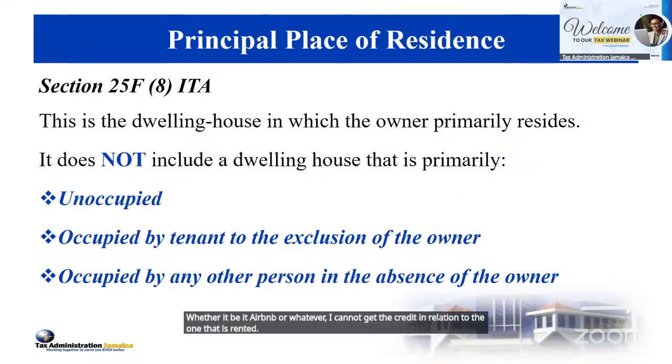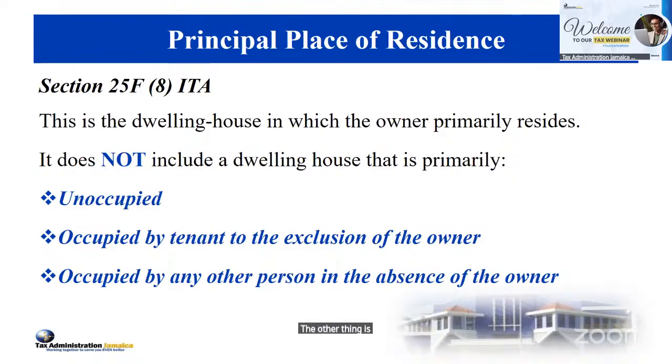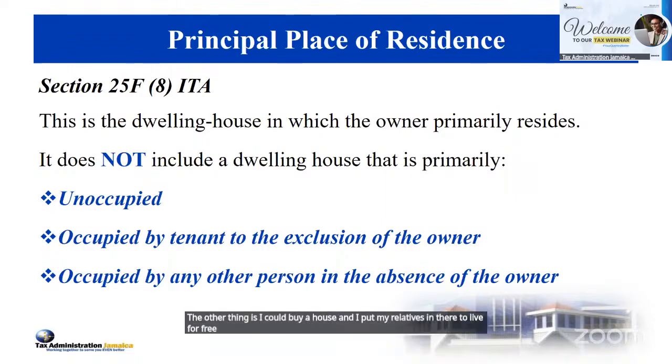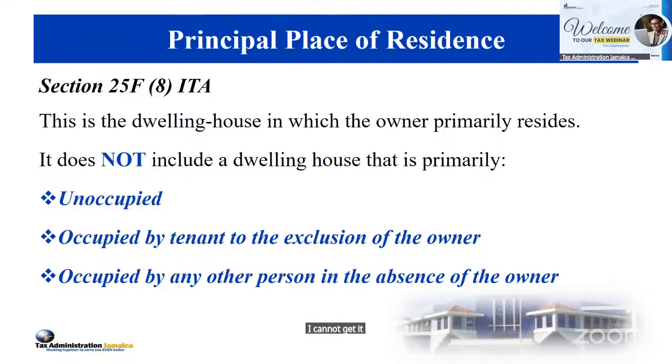The other thing is I could buy a house and put my relatives in there to live for free, so they are not paying me rent. I cannot get it for that other house. I can only get the credit in relation to the house where I am living. And I trust that that is clear.